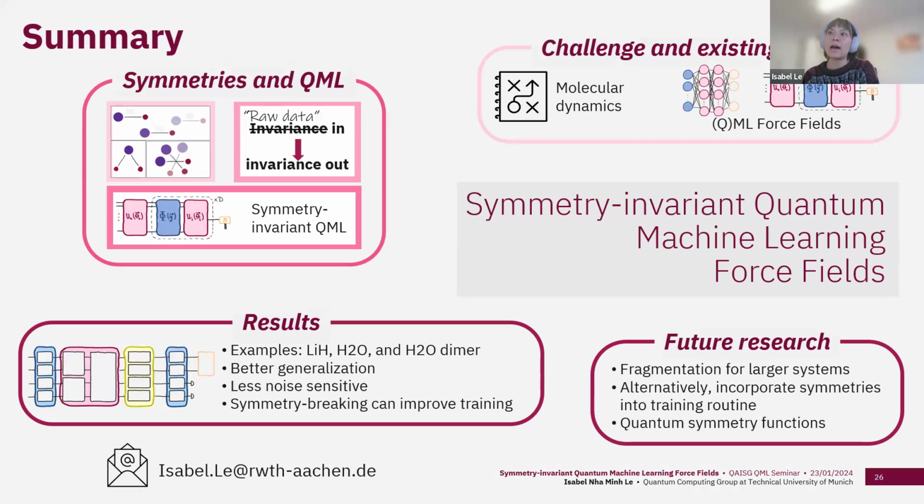So that's also why I think the last point that I pointed out here for future research, these quantum symmetry functions, could be interesting. Here we would not use the quantum circuit as a learning model, which we would have to train and thereby always run several times. We would just use this quantum circuit to give us a symmetry invariant description of the atomic configuration. And then this representation could be used in classical machine learning routines, for example.